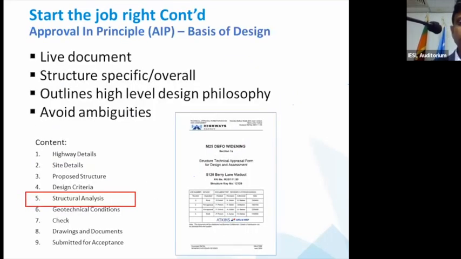Now, that document states you develop what you call the AIP, which is the basis of design. You can do that for any structure. It includes all the details of the structure. It's a live document, by the way, because as the project progresses, things can change, and you would include that in the document and then get the approval from the employer.